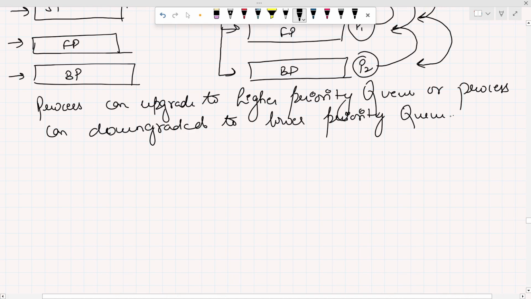So this is what multi-level feedback queue scheduling is.